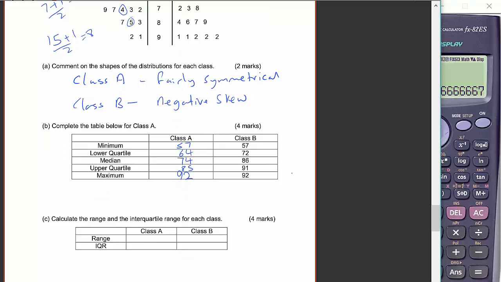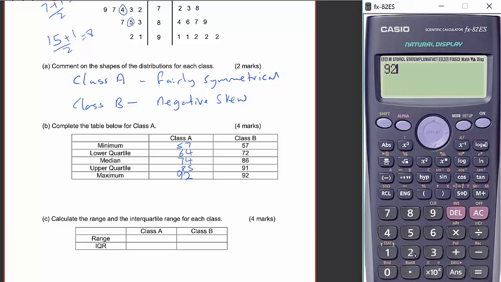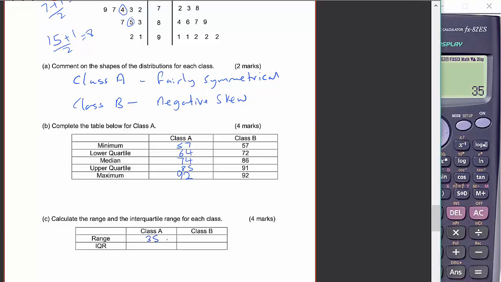So we want the range. So we do 92 take away 57. That actually gives us 35, and that would be the same for both classes, as we pointed out earlier.